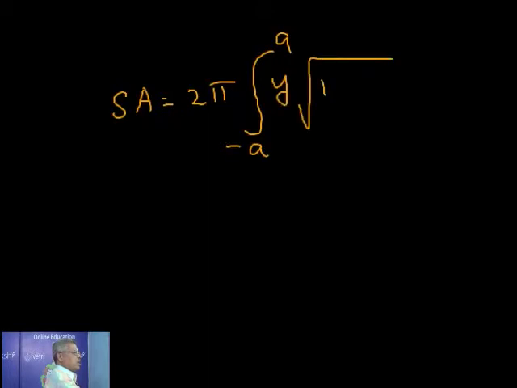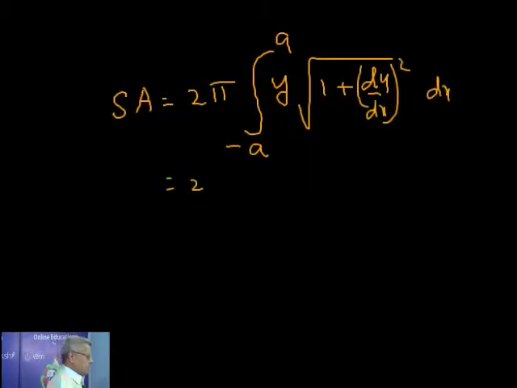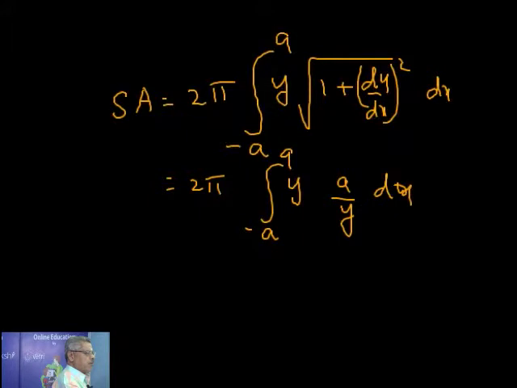Therefore surface area is given by 2 pi integral from minus a to plus a of y times square root of 1 plus (dy by dx) whole square dx. Just now we have simplified that. Therefore y times a by y, so again y gets cancelled.